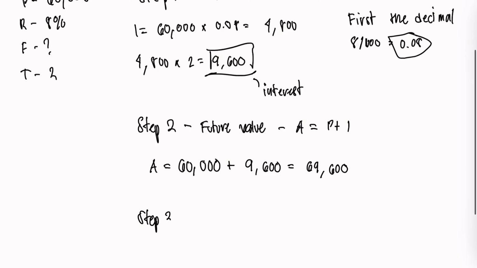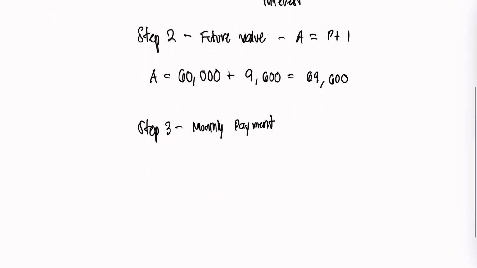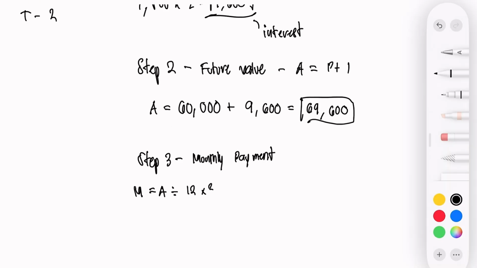Now, let's move on to our step 3, which is finding the monthly payment. So, the formula here is A divided by the time. In this situation, 12 will be times 2 because the months in a year is 12, but in the given it is 2 years.